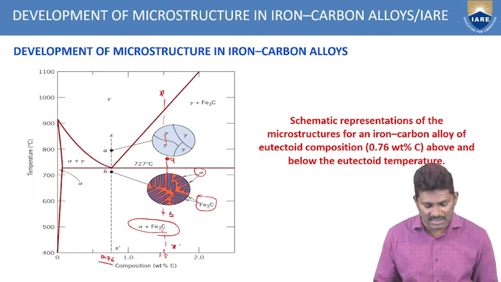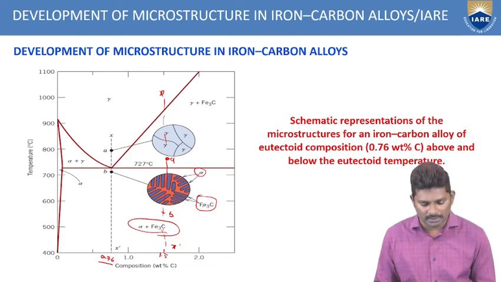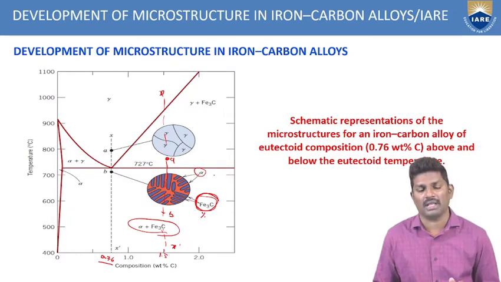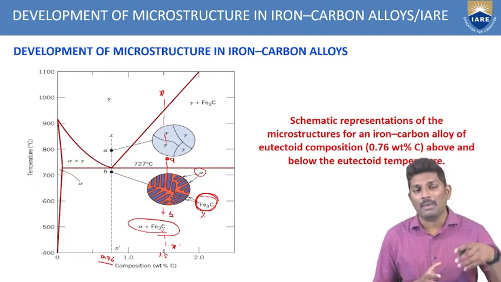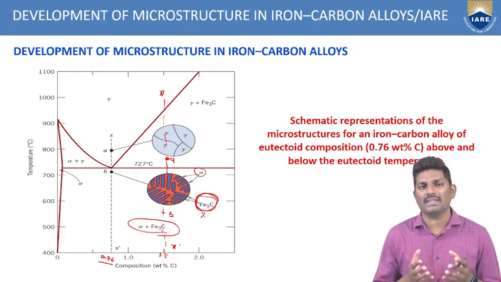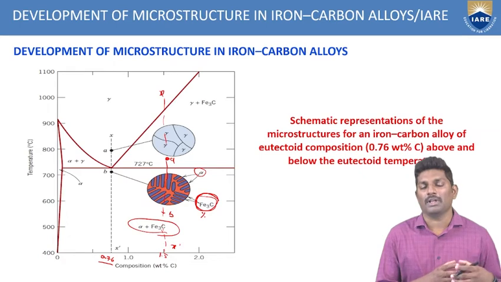Here, since you are increasing the percentage of carbon, 1.5 percentage of carbon, there is an increase in the carbide percentage, Fe3C, and a reduction in the pearlite. Like that, you have different compositions depending upon how much carbide or iron you are adding. So there is a development of the microstructure at each and every point depending upon the composition.